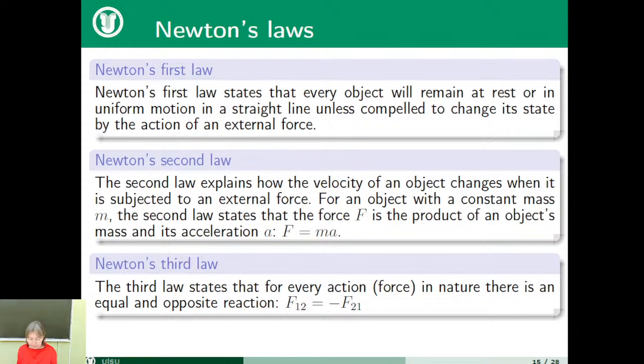Still, it's a very important special case because it applies to the motion of objects ranging in size from the very small to astronomical. Newton's first law. Before Newton formulated his mechanics, it was thought that some influence, a force, was needed to keep a body moving at a constant velocity.